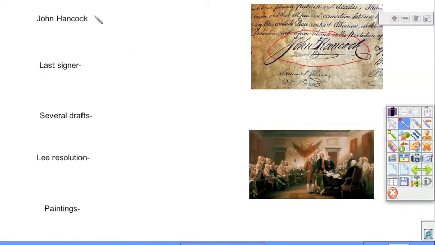But the truth was John Hancock was the president of the Second Continental Congress. As a result, he was kind of expected. It was customary for the leader of such a gathering to put his name in such big letters.